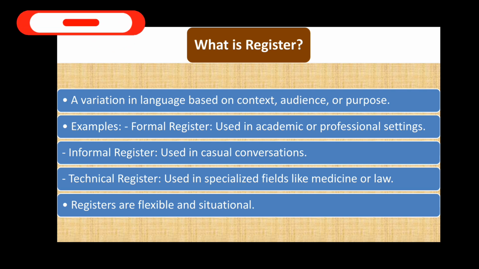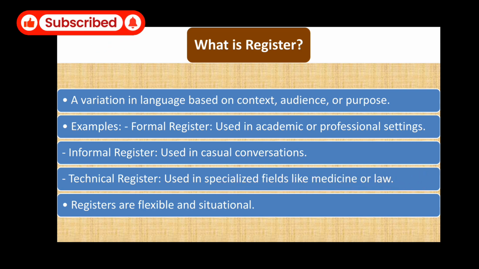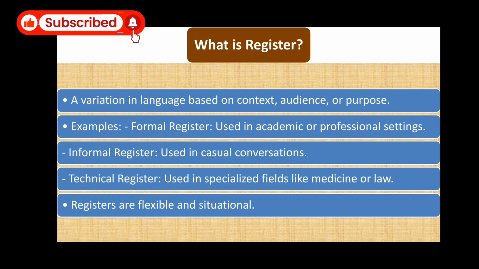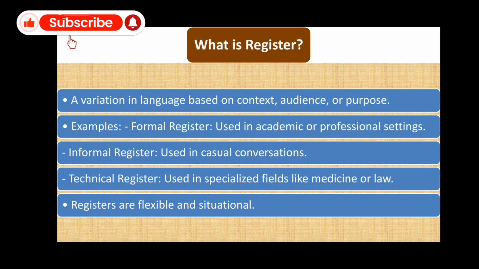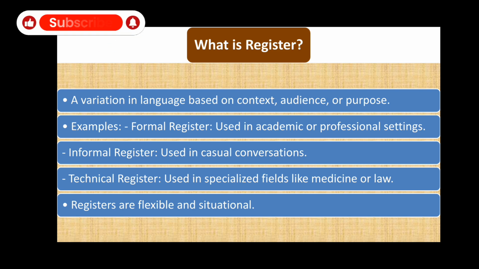So they say that formal register is used in academic or professional settings, informal in casual conversation, and technical register is used in specialized fields like medicine or law. Registers are flexible and situational. Flexible. We are speaking here, and suddenly you change your tone and choice of words when someone else comes, right? Because your relationship is different with that person.